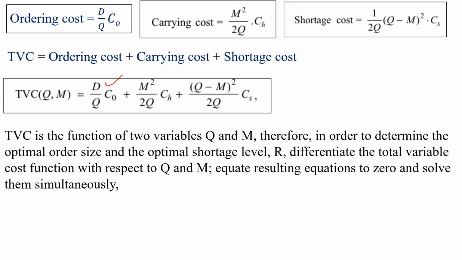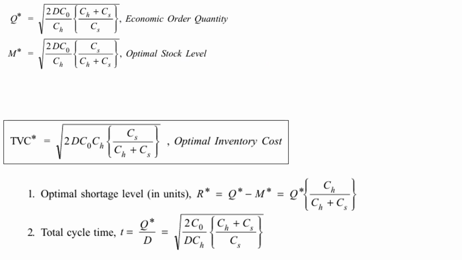If you differentiate the TVC with respect to Q and M and equate to 0, then we will get Q star, that is the root of 2D C naught by CH into CH plus CS divided by CS.